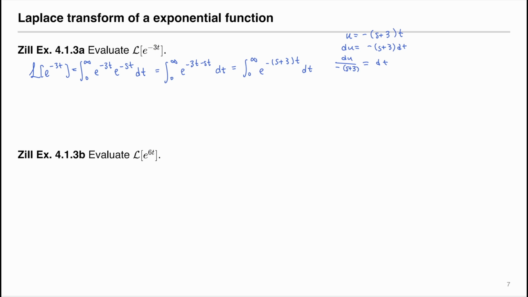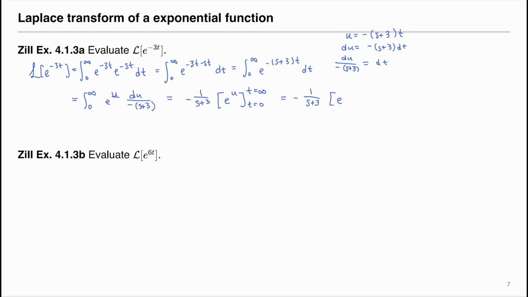I won't change the bound yet. I'll leave the bound in the variable t, and that will serve us some use later. So I have e to the u du divided by negative s plus 3. And negative s plus 3 is a constant that we can take out and evaluate the integral. We have e to the u from t equals 0 to t equals infinity. To evaluate that, I want to change u back to t.